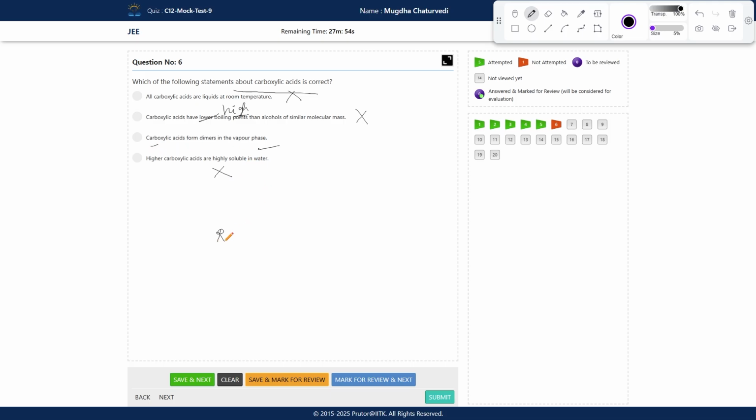If you look at the structure of carboxylic acids, this is one molecule of carboxylic acid, and here I am taking another molecule of carboxylic acid. This is the double bond O. This exists in the form of a dimer in the vapor phase.